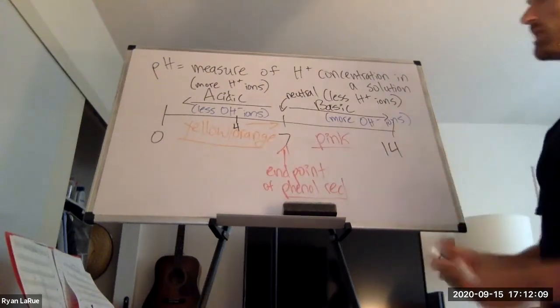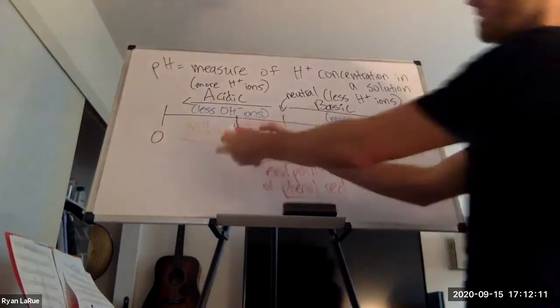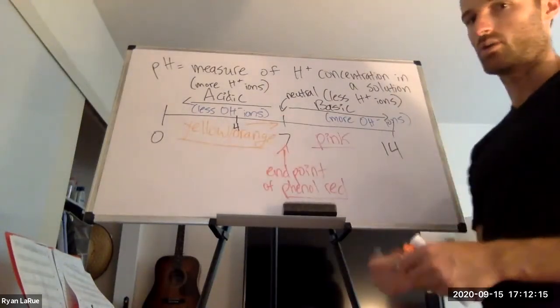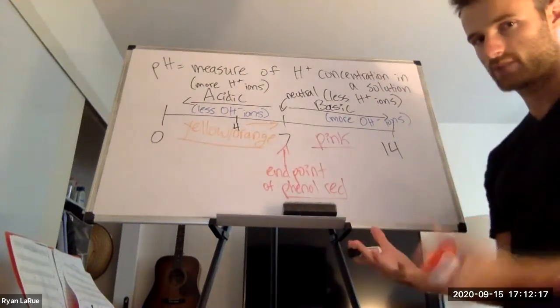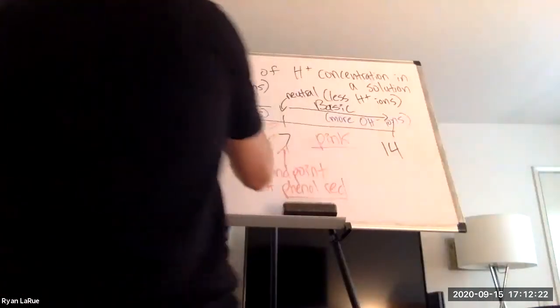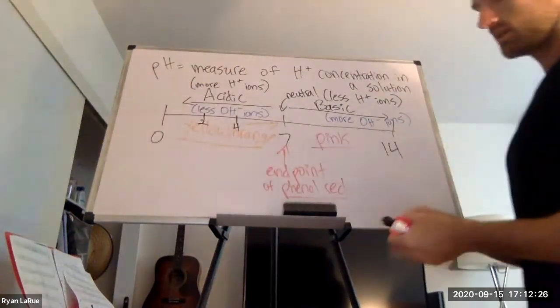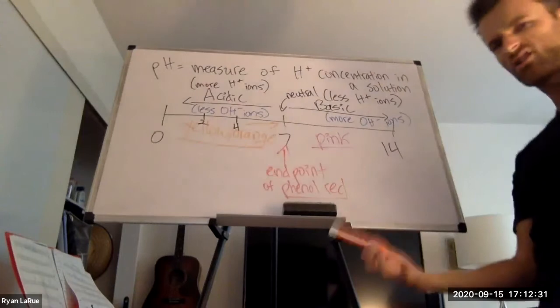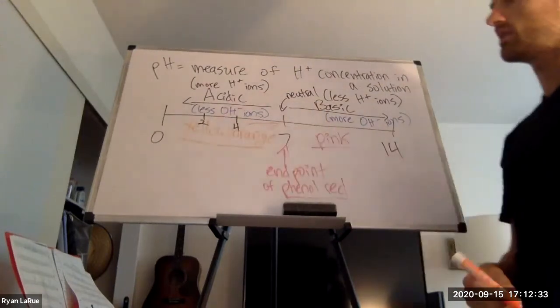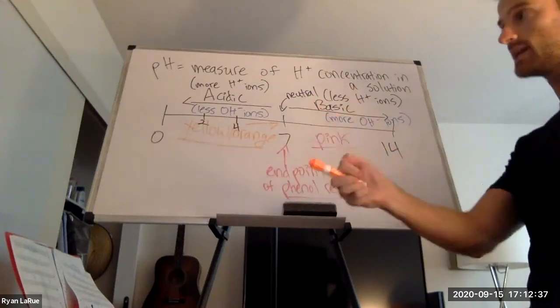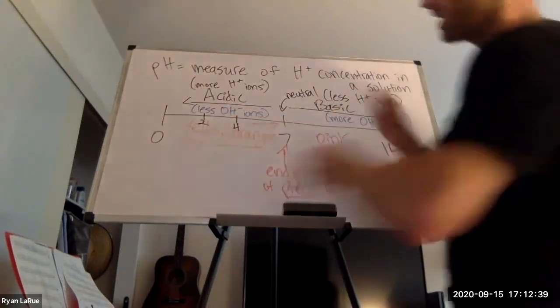If you have something yellow-orange at pH 4, and something else yellow-orange, same color, can't really tell the difference, but it's pH 2, the stronger acid with pH 2 is going to take more drops of your base to get to the endpoint.